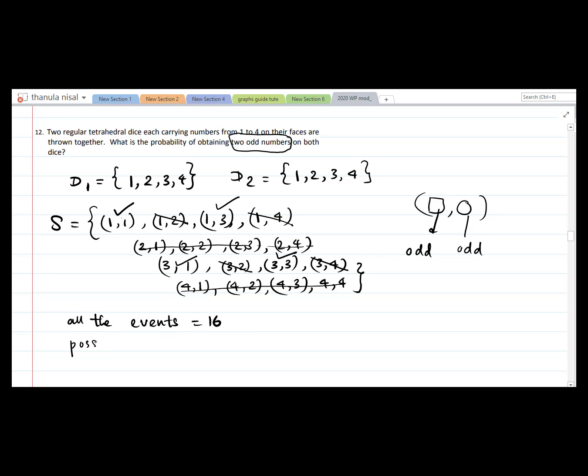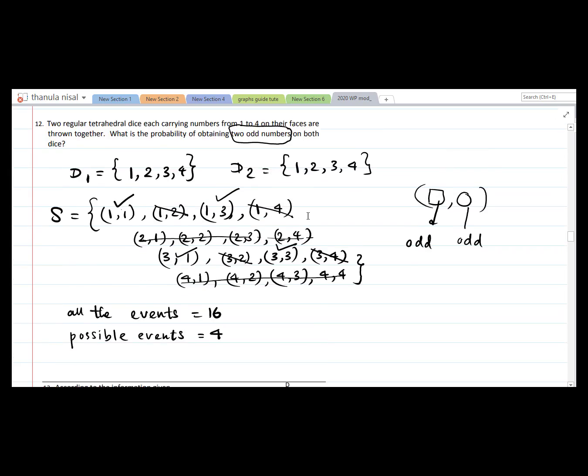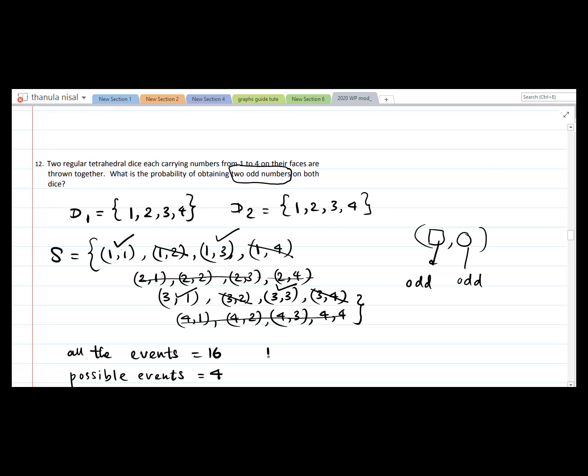How many possible events? We can find 1, 2, 3, 4. Therefore, probability is 4 over 16 or 1 over 4.